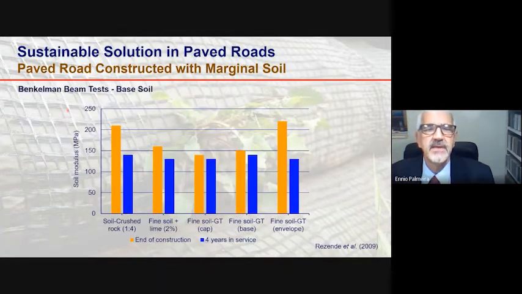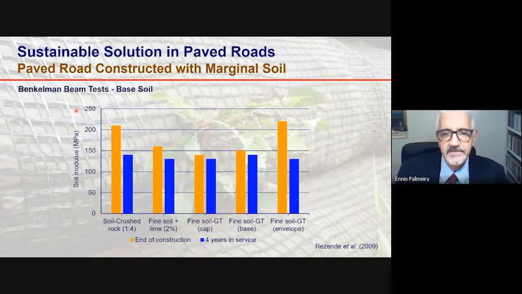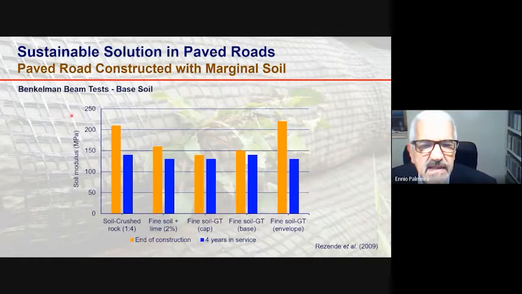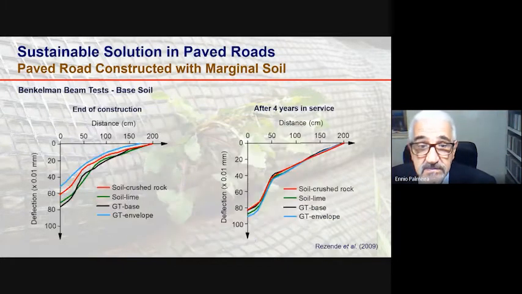In terms of Benkelman beam test results on the base layer, in terms of soil models to the different test sections, and again the results for the combination of fine soil and geotextile comparable to, or in some cases even greater than those obtained in the standard solutions for base soil stabilization.